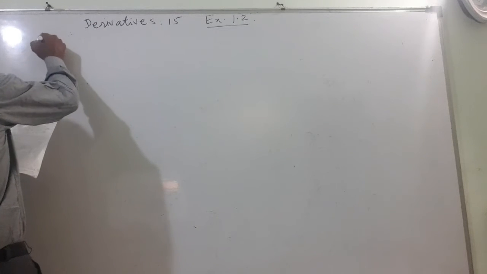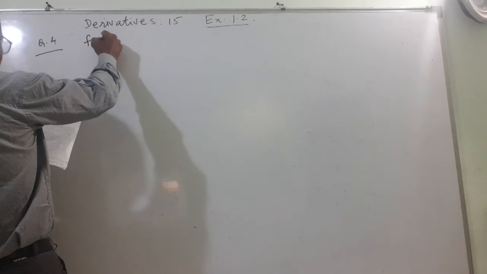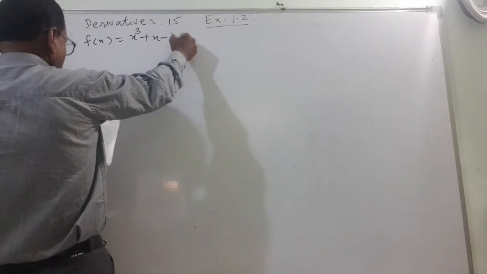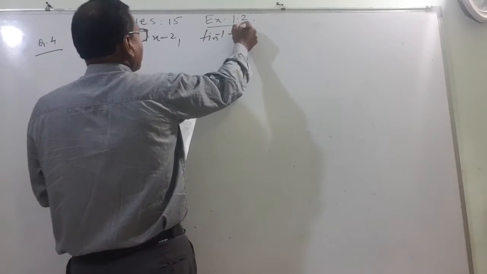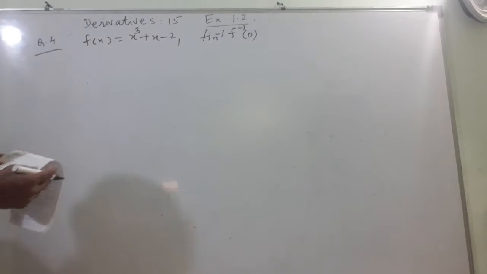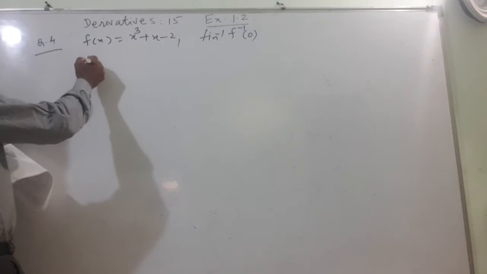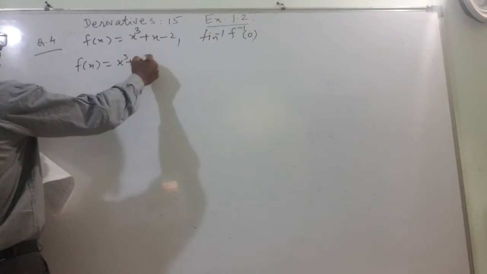Question number 4. This is also a simple question. f of x is equal to x cube plus x minus 2. Find f inverse of 0. The same question it is. f dash of x that I have to find. f of x is equal to x cube plus x minus 2.